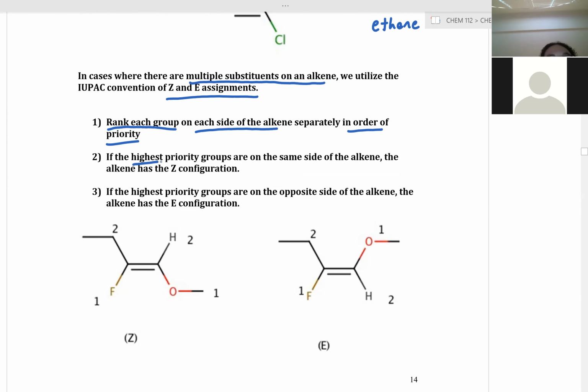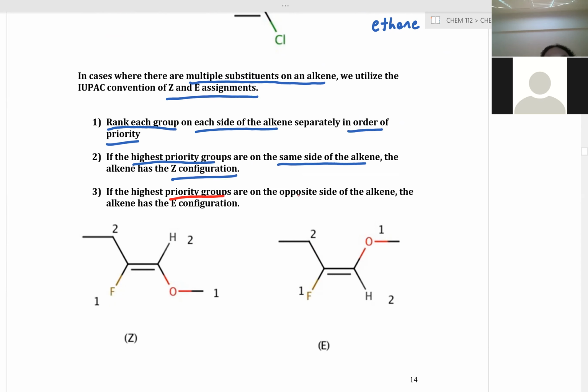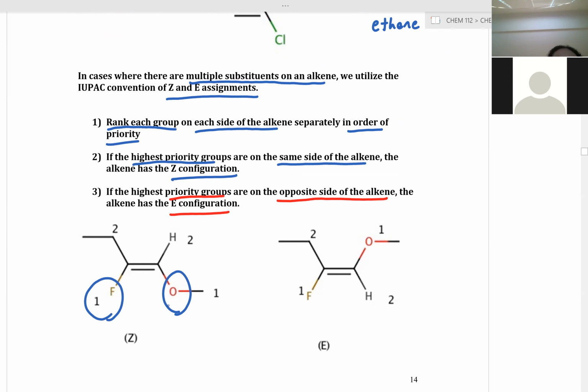If the highest priority groups are on the same side of the alkene, it's Z. If the highest priority groups are on opposite sides, it's an E alkene. As we see in this case, fluorine and oxygen are highest priority. They're on the same side, so this would be a Z alkene.